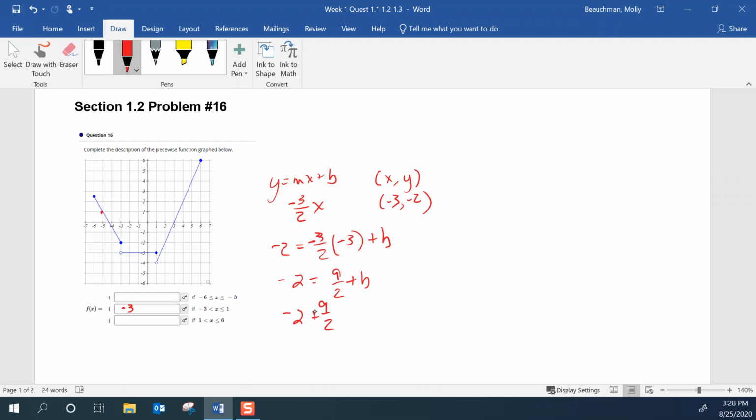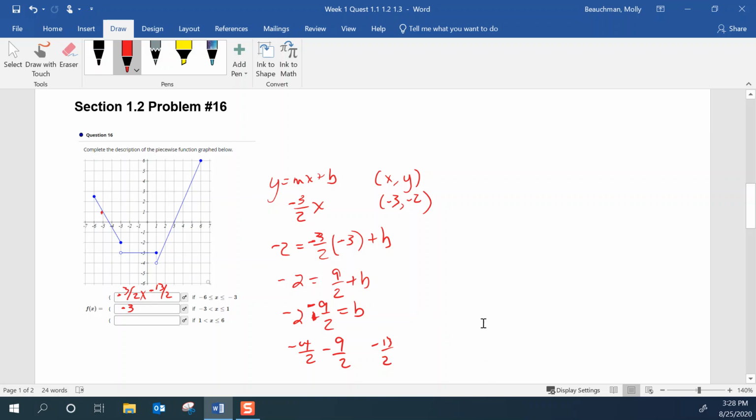Oops, subtract 9/2 from both sides. So -2, it would be -4/2 minus 9/2 would be -13/2. So the equation of this line is -3/2 x minus 13/2. And then you'll do the similar to find the equation of this line. Find the slope and then put in your x and y values in the slope to find where the y-intercept is.